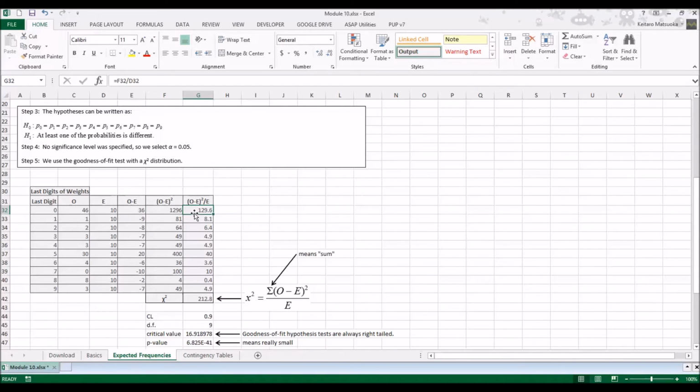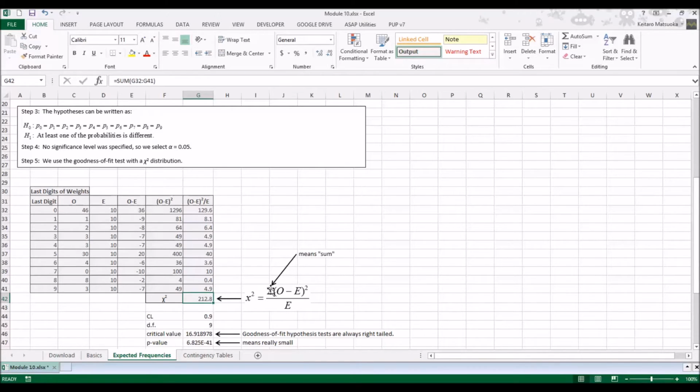In this case, 1296 divided by 10. You do that for every single cell. At the end, you follow the chi-square test statistic formula, which is O minus E, squared, divided by E, and summed up. This cell reproduces this formula right here.